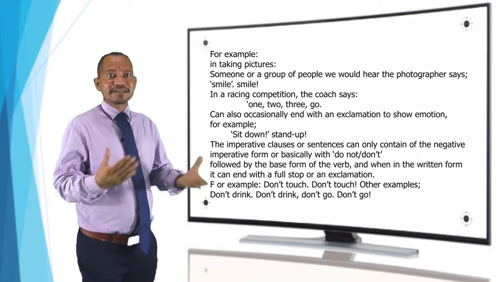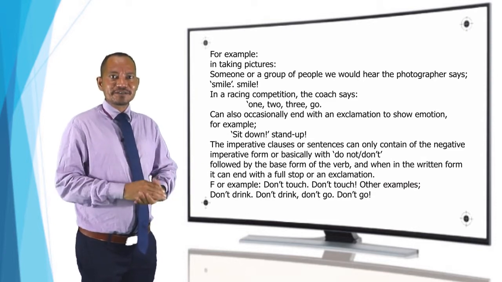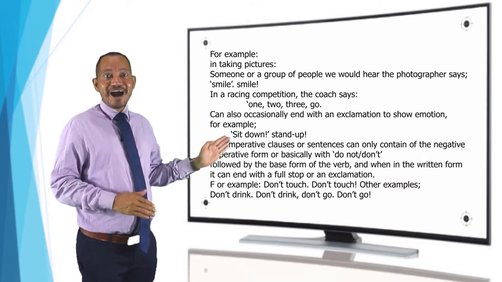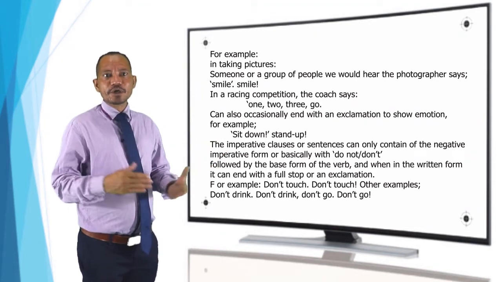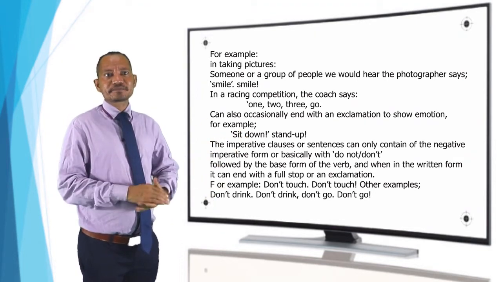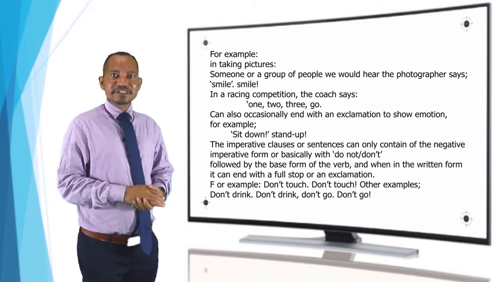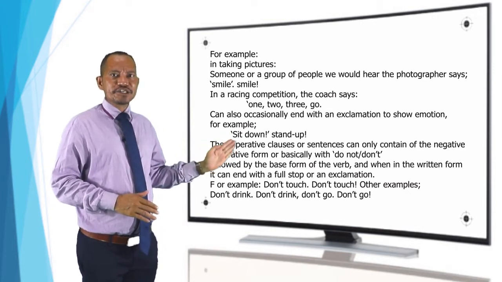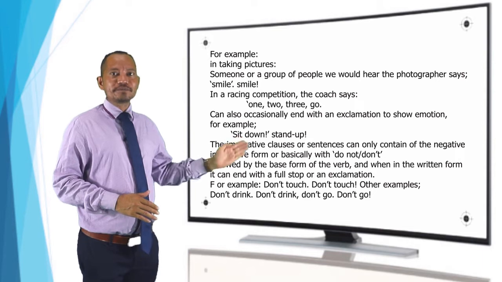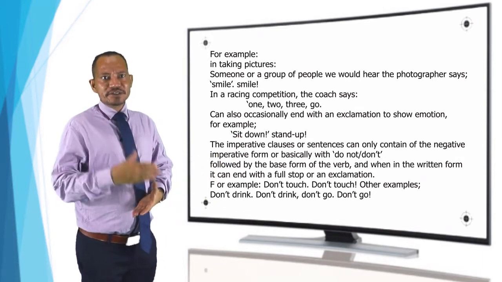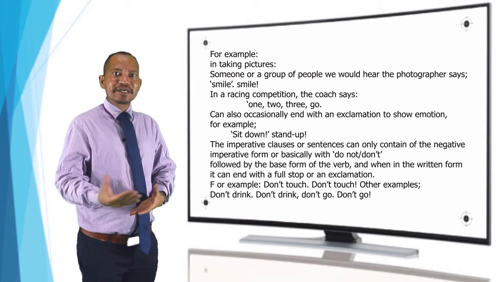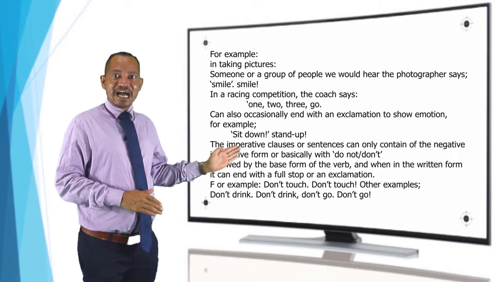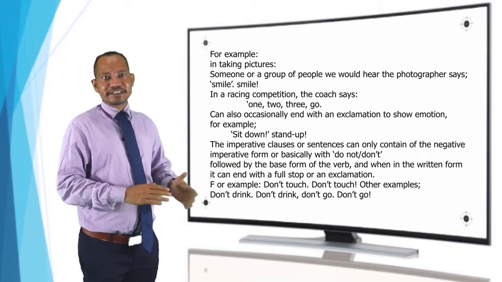For example, when taking pictures of someone or a group of people, we would hear the photographer say, "Smile," or when in a racing competition, you may hear the coach say, "1, 2, 3, go," etc. But it can also occasionally end with an exclamation to show emotion. For example, sit down, stand up, etc.